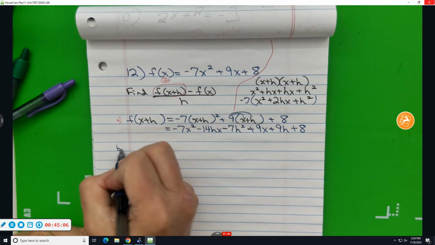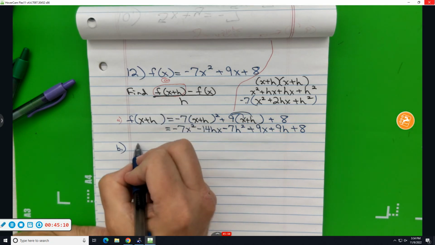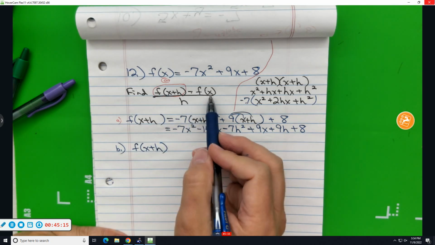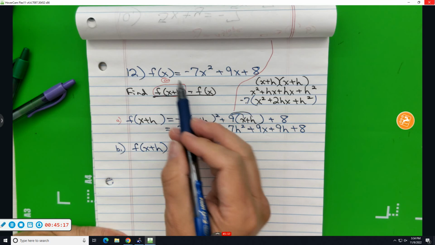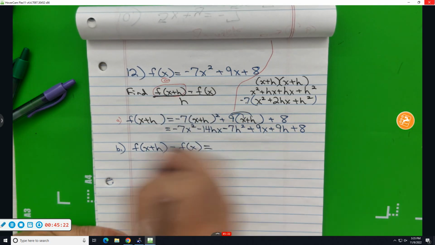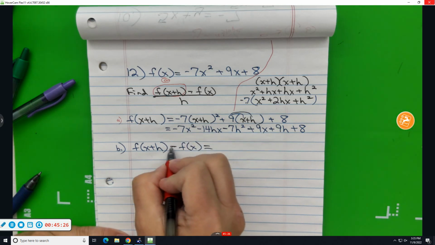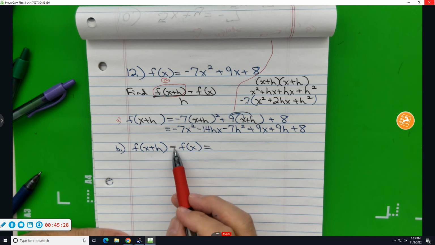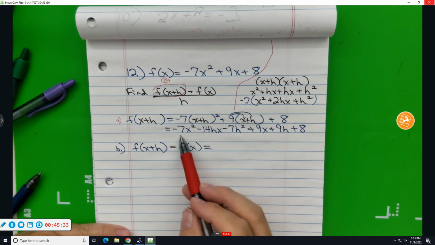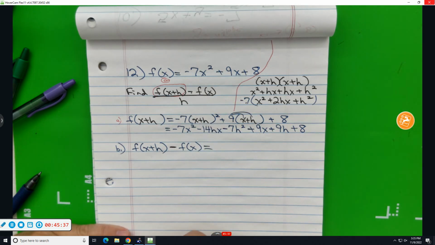Then part B. We're going to take what we just found, f of x plus h, and we're going to take away the original function f of x. That minus right there, this minus that I'm highlighting right there, operates like the old takeaway for subtraction. Take what you just found and take away what's in the original function.